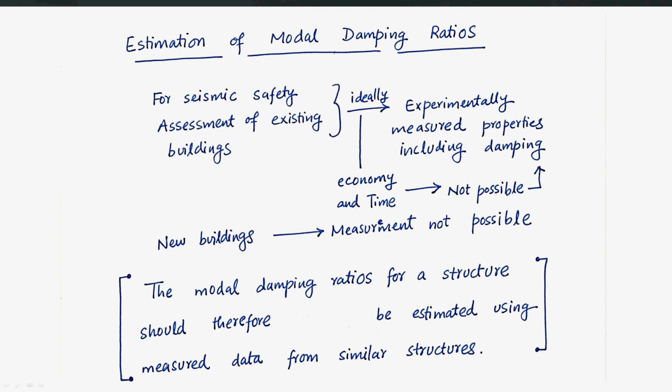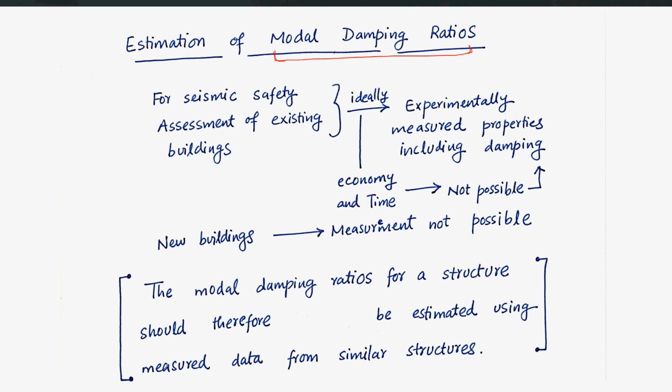So let's see how we can estimate the modal damping ratios. We just saw that the construction of the C matrix requires modal damping ratios, unlike the K matrix, which depends directly on the structural properties, structural dimensions, material properties, etc. For seismic safety assessment of existing buildings, ideally the experimentally measured properties should be used.